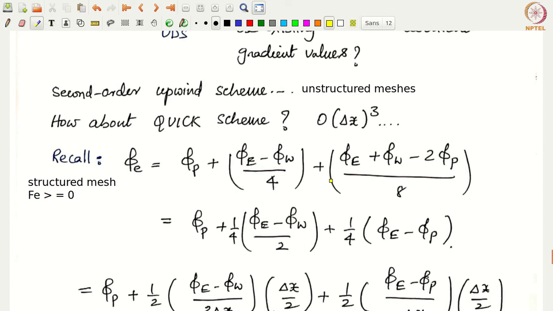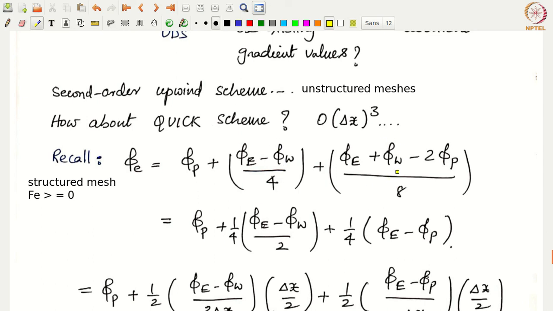This can also be rewritten as the equation here. This is basically phi p plus we have phi east by 4 and phi east upon 8, so 1/8 I am writing here, and then minus 1/8 of phi w, that is basically minus 1/4 here and plus 1/8 here.